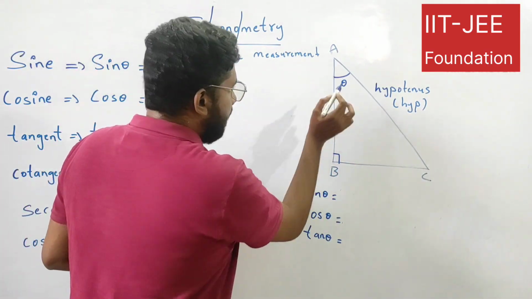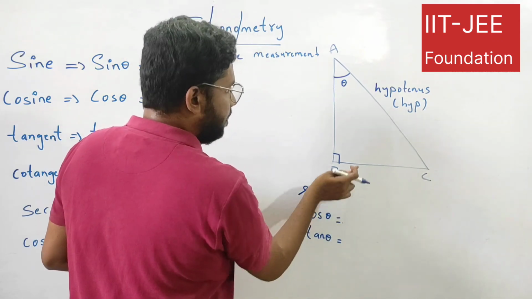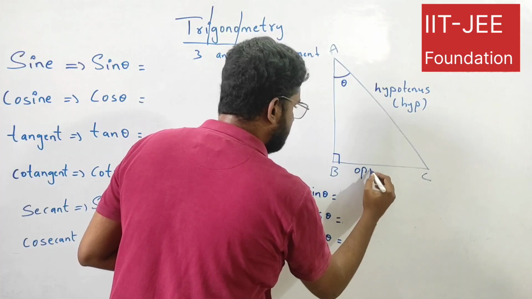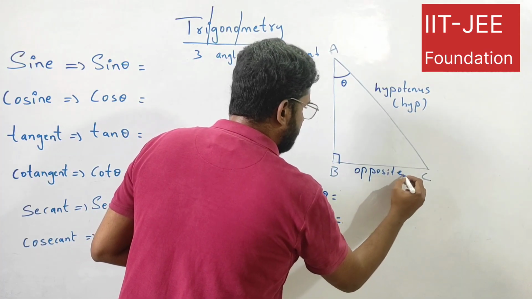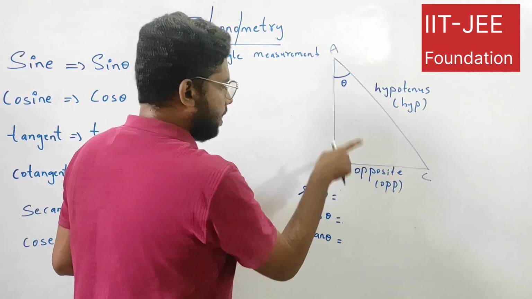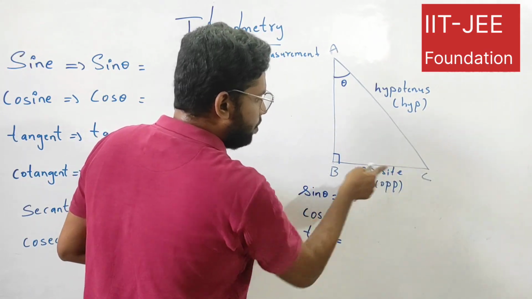Now the side opposite to the angle, which side? That is the BC side, which is opposite to the angle, and is considered to be the opposite side, that is called OPP. Okay, remember one thing, the side which is opposite to the angle is called the opposite side.